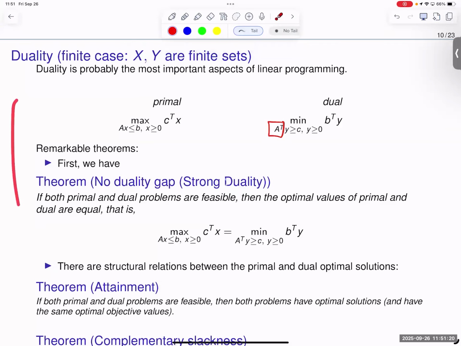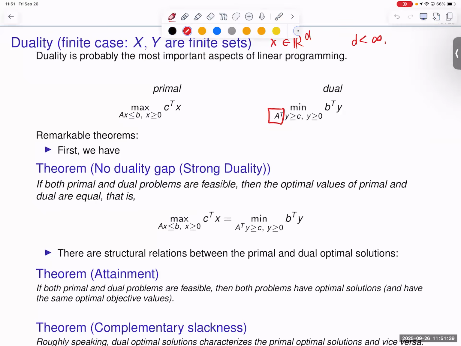Okay, so in this slide, we just consider the finite dimensional cases, like X is in R^D, and D is finite. Just first accept that there's such a dual problem.